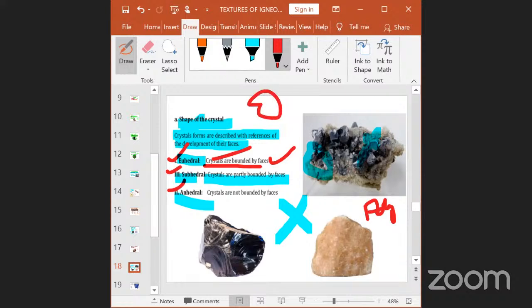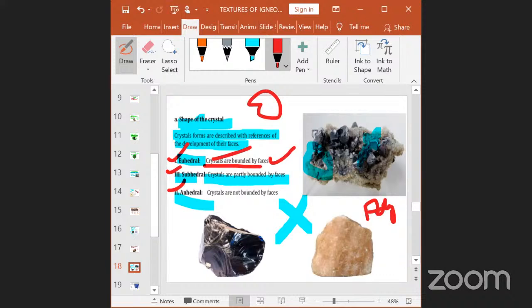So this is the shape of the crystals. These three important terms, euhedral, subhedral, and anhedral, and their resulting textures are universally used to describe the relative proportion of grain shape.